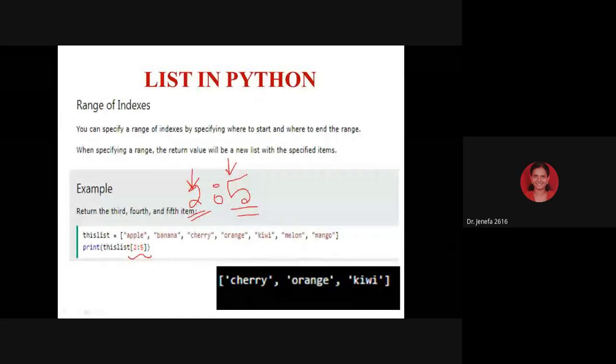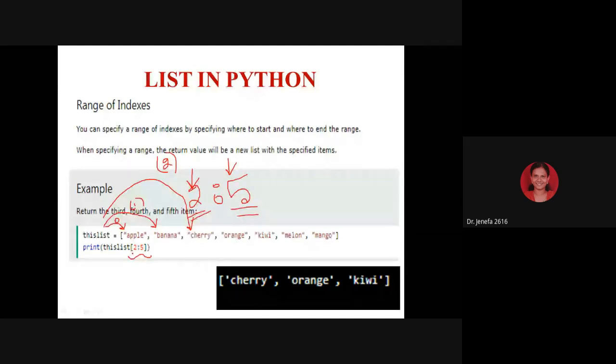How can we access? See in this example, list of 0 will have the first value, that is apple. List of 1 will have the next value, banana. List of 2 will have the third value, cherry. So this is the index number. The index we have given inside the square brackets is the range of indexes.